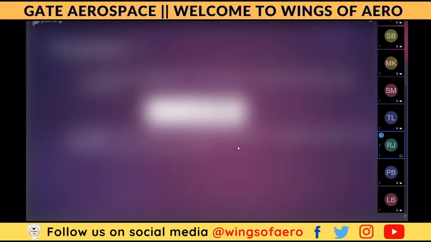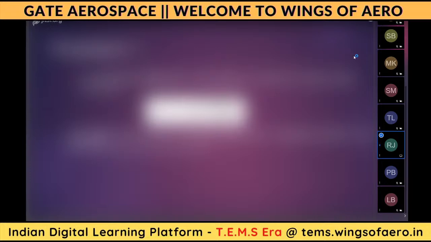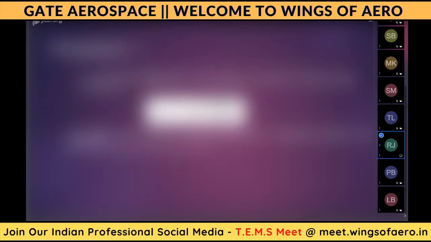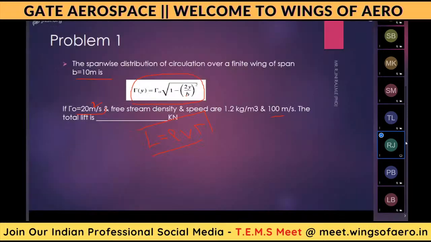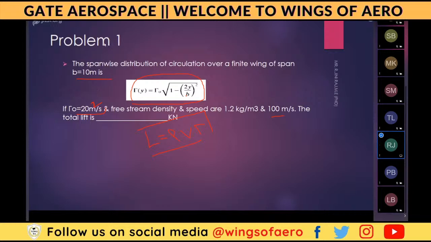Gamma naught they have given as 20. Can you able to solve this? Anyone? Please try to solve this problem.